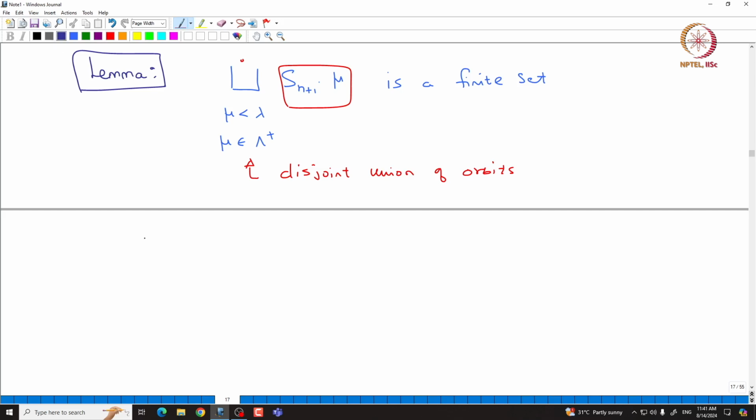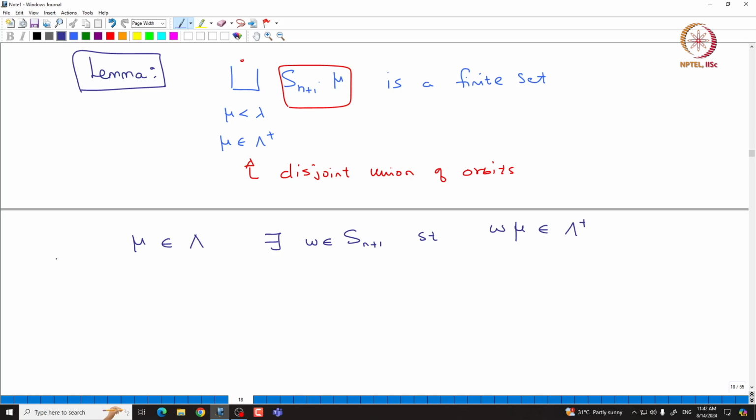Okay. First, I want to say, if I start with any mu inside lambda, we can focus only on weights coming from this lambda. Then I can say that there exists w in W, where W is S_{n+1}, such that w mu is indeed dominant.